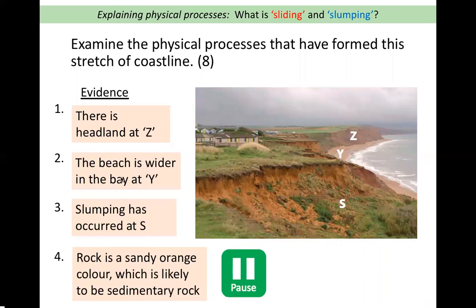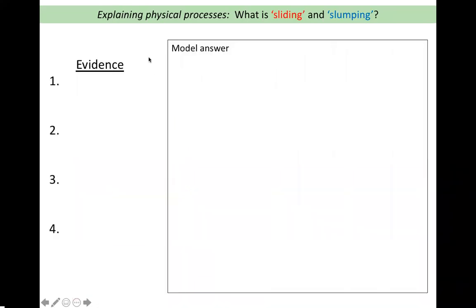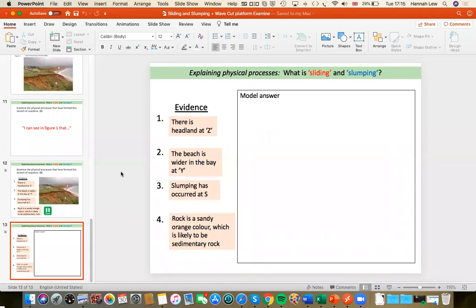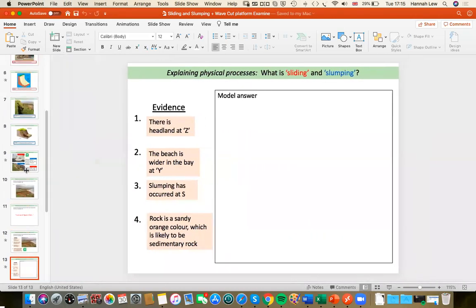Right, here we go. So I'm going to model for you guys the answer to this. I'm just going to make the little screen a little bit wider so you can see it a bit better.